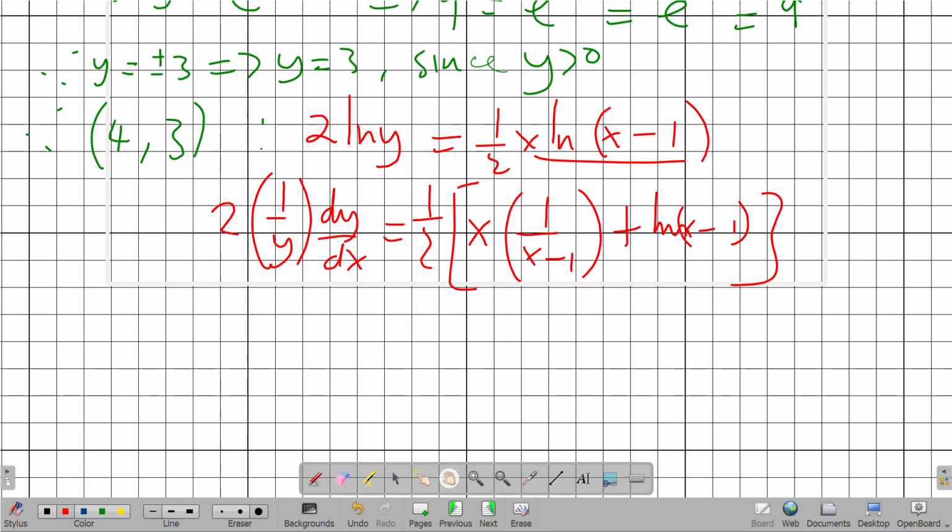So when x is 4, y is 3, so I'm going to have 2 over 3 dy over dx is equal to half, x is 4. So if I put a 4 here, I'm going to have 4 over 3 plus natural log of 3.